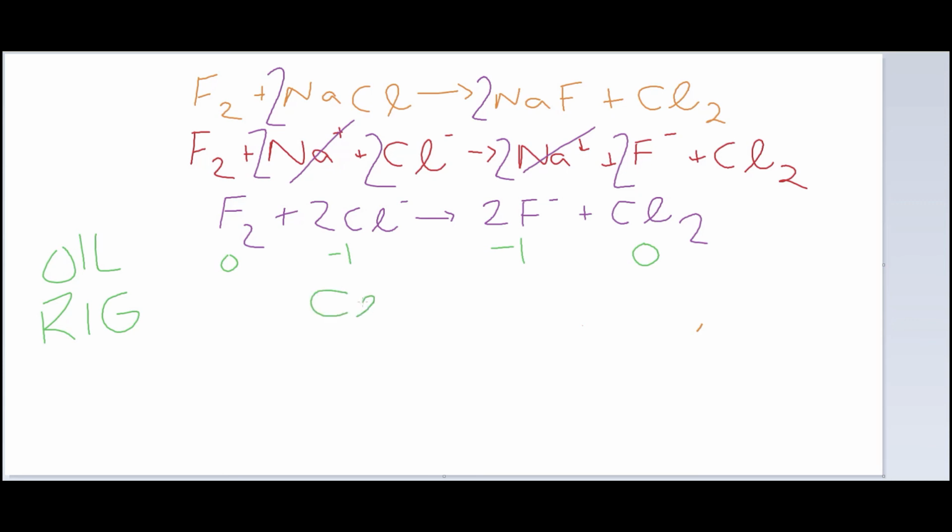So chloride is oxidized. While fluorine, since it goes from 0 to -1, gained electrons, so it is reduced. And remember, for an oxidation reduction reaction or a redox reaction, if one thing is oxidized, the other one has to be reduced.